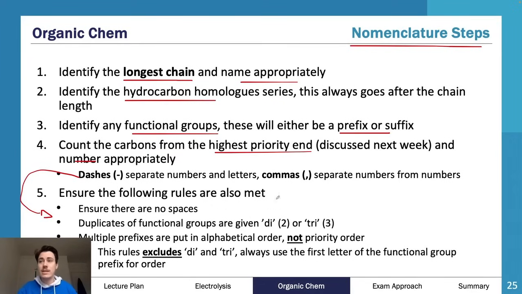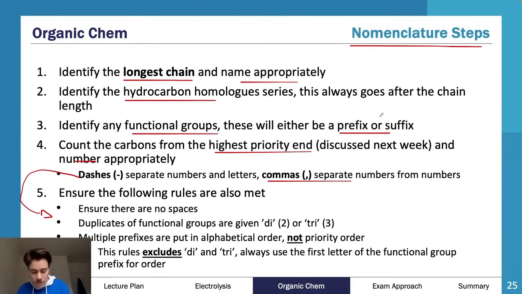It needs to go 2,3-dimethyl. Really important. Commas separate numbers. You must have commas between numbers. You can't just write 2 3 or 2-3. That's not right. It must be 2,3. Then you put a dash between the 3 and the word.